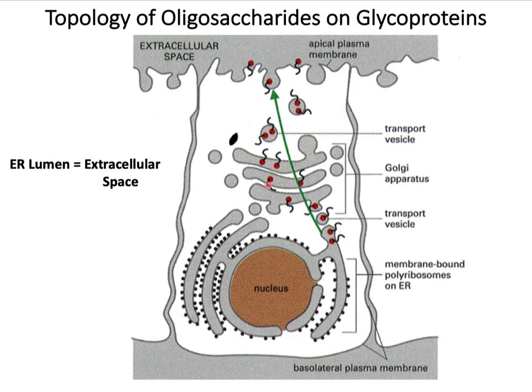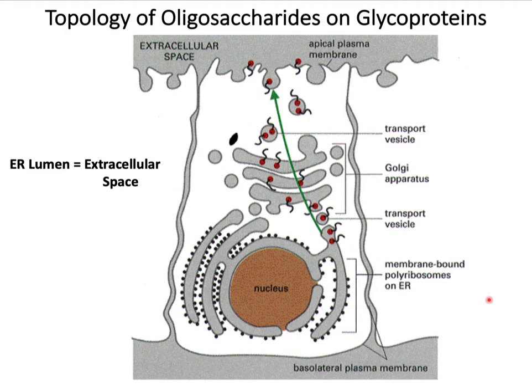So when the vesicle buds from the ER as shown here, the N-linked glycan or the oligosaccharide is still in the lumen of that vesicle. And when that vesicle fuses with the Golgi apparatus, the N-linked glycan is still in the lumen of the Golgi apparatus. This makes sense because these N-linked glycans need to be further processed by the Golgi apparatus.